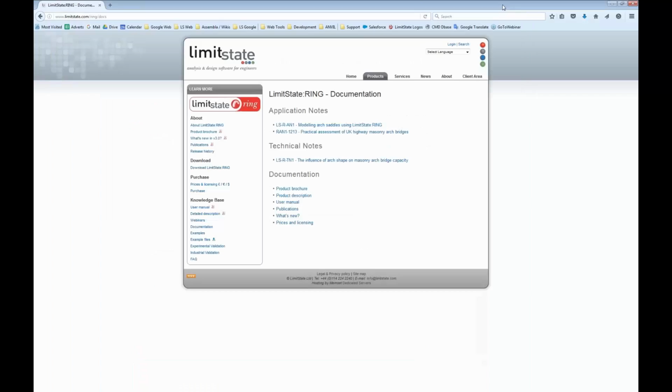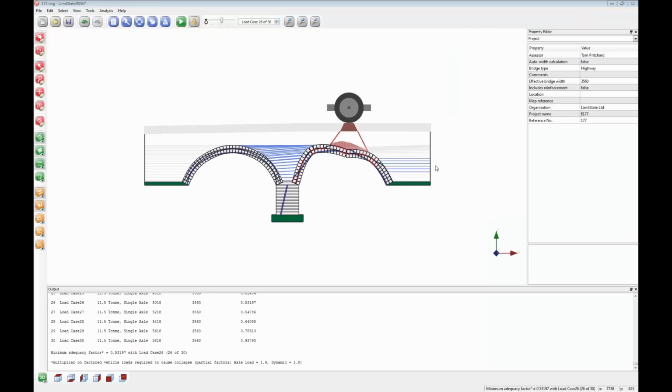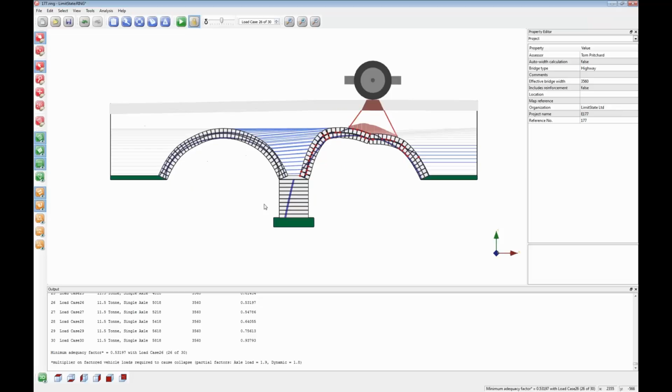So if this multi-ring behaviour was found in practice, then clearly I would be very, very keen to consider a weight restriction on this bridge.